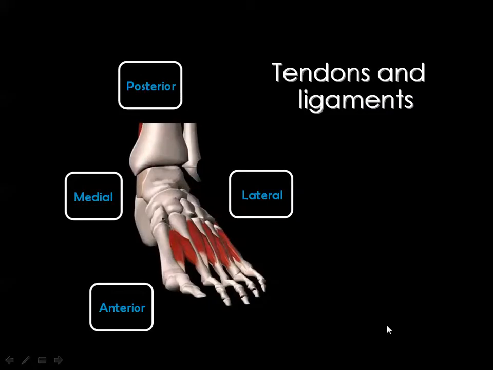Then one of the good policies to handle the ankle joint from both the anatomic and pathologic points of view is to imagine that the ankle is a four directional joint, and we have the posterior aspect of the ankle, the anterior aspect, the lateral, and the medial aspects.